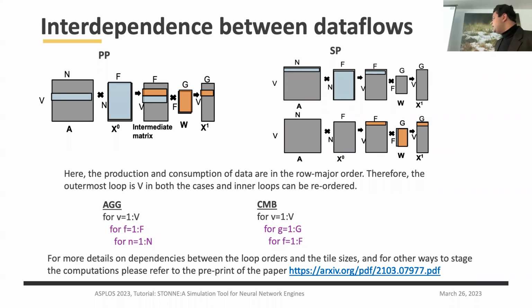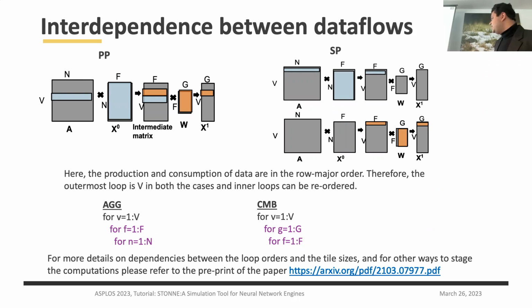So there is an interdependence between the data flows. Unlike the sequential data flow, you can't just do any data flow for the aggregation phase and any data flow for the combination phase. The way you are producing determines how you would consume the data.